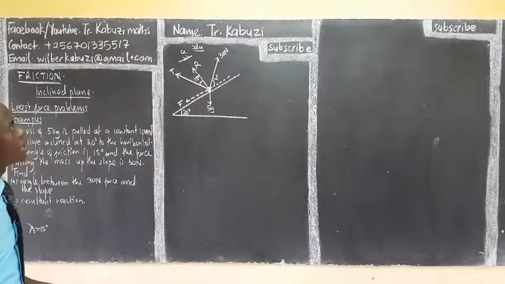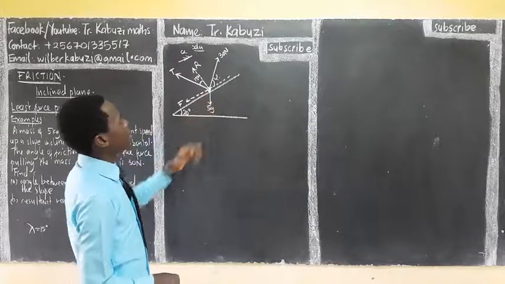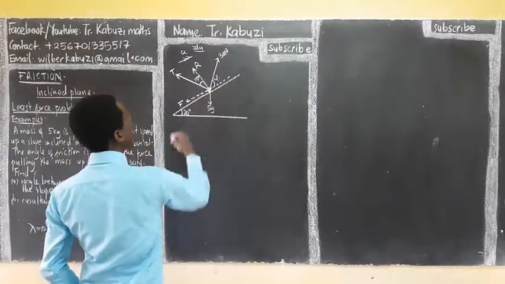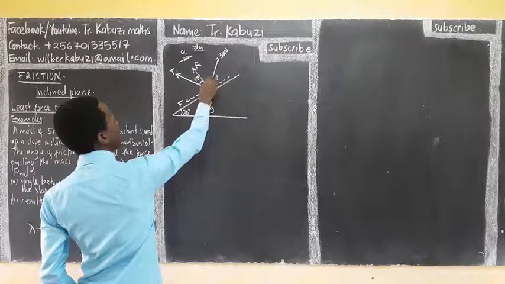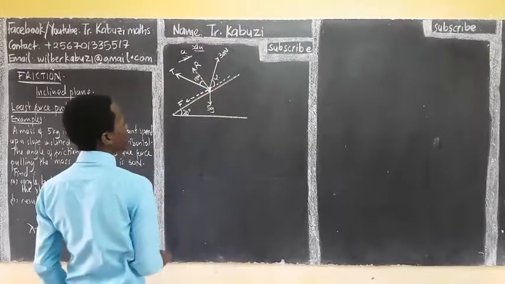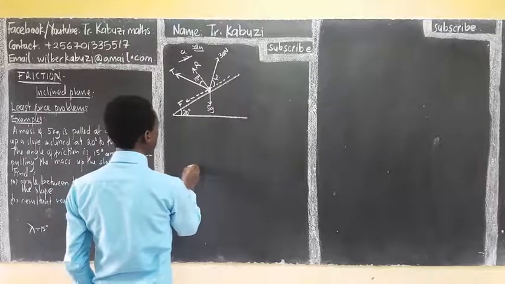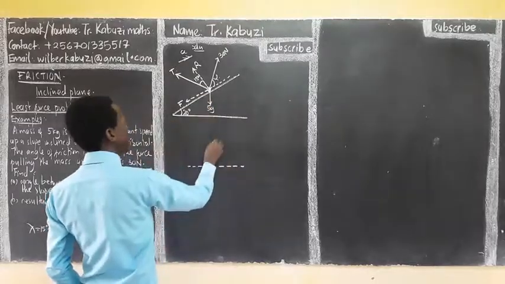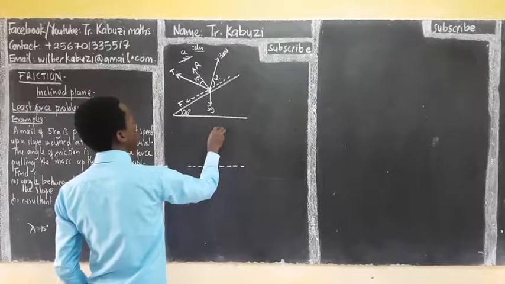So now we have to use Lami's theorem. The idea is very easy. To use Lami's theorem, we need to get this angle here, this angle here, and that angle there. So if I pull it out like this, I'm going to have my resultant T there.